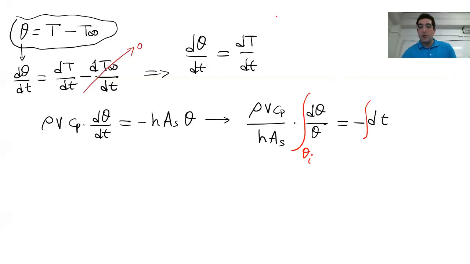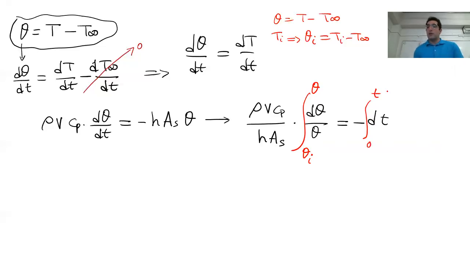Remember, theta is T minus T infinity, so Ti means theta i, which is Ti minus T infinity. For any temperature, you can simply call it theta with the new variable. And for time, it varies from the starting time all the way to the end, which we just call t.